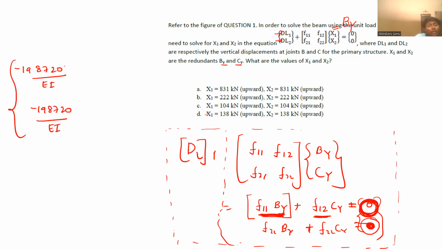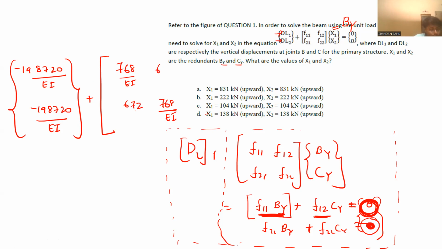This is DL1 and DL2. Plus F11 is 768 by EI, and this is 672 by EI. This is 672.